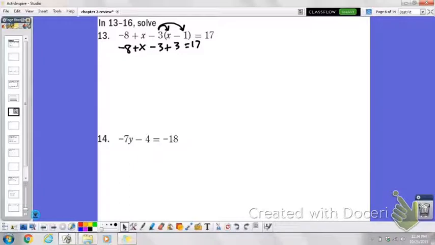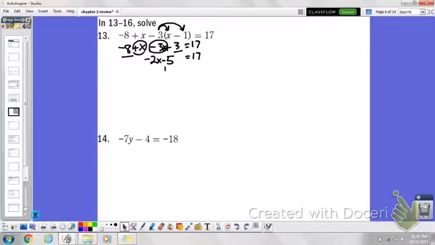Now I need to combine some like terms. I have a negative 8 and a positive 3 gives us a negative 5. And then we have a positive x and a minus 3x giving me negative 2x. So we have negative 2x minus 5 equal to 17.